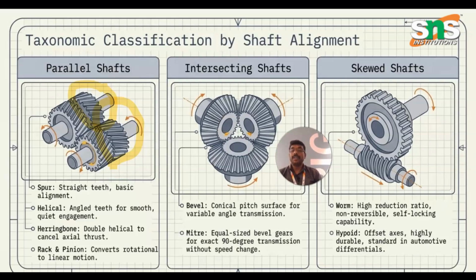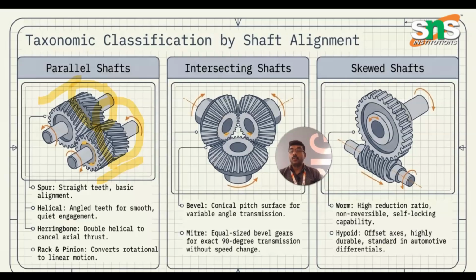And herringbone is the modification of the helical gear in which two sets of gears are attached on a single shaft. Say for example, this is going to be shaft number 1. It has two helical gears where the geometry of the tooth cut is in the opposite direction, and another set of two helical gears on a single shaft is taken here.